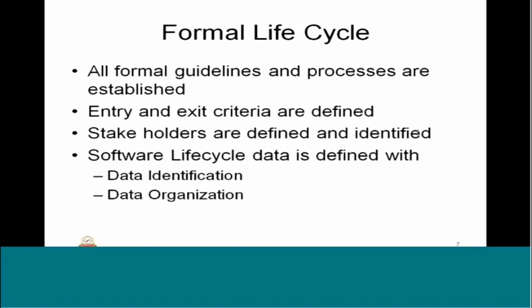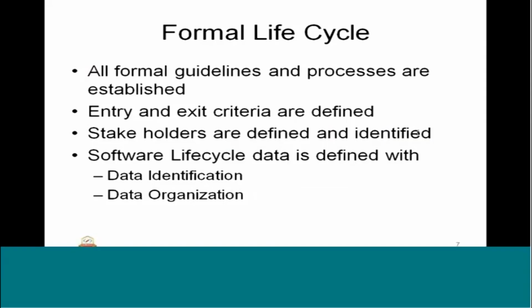So what do we do in a formal life cycle? All formal guidelines and processes are established. That means the formalities that we need in terms of implementing the complete formal life cycle will be established. Entry and exit criteria are defined.